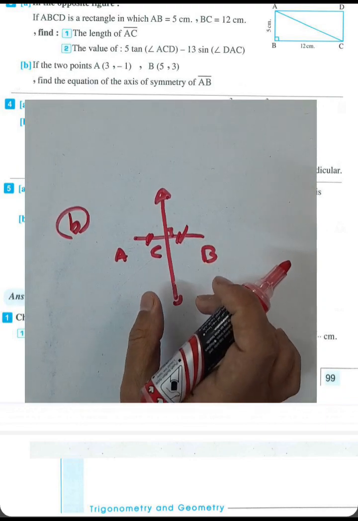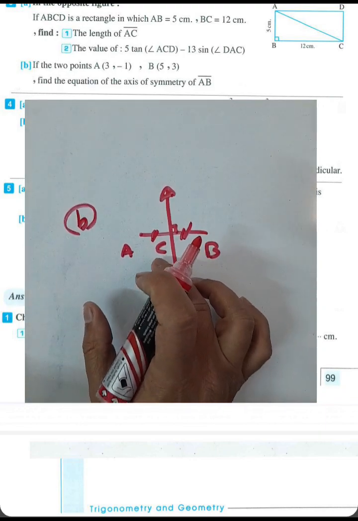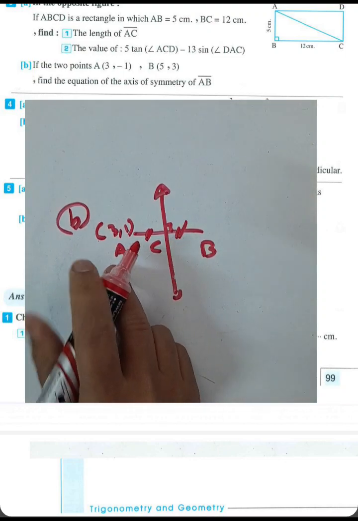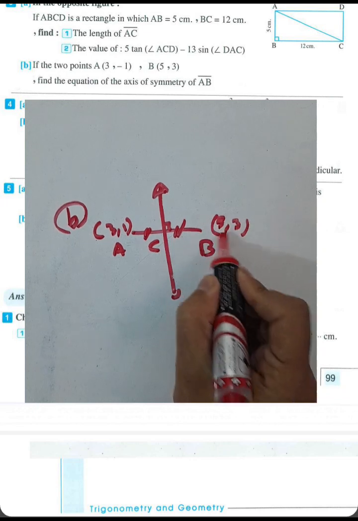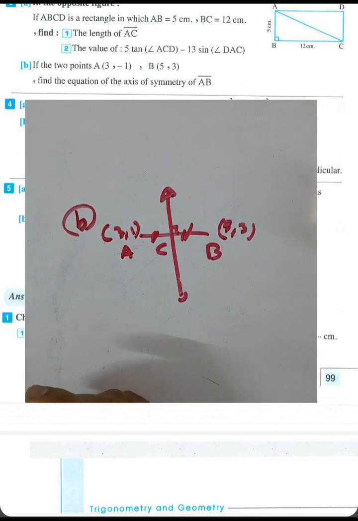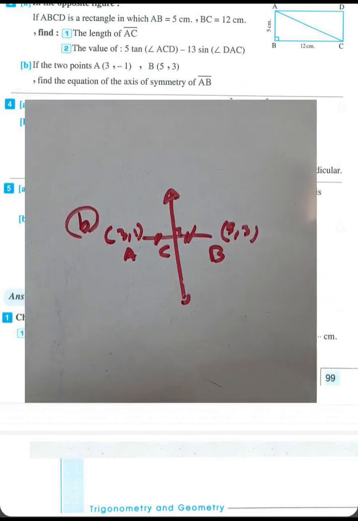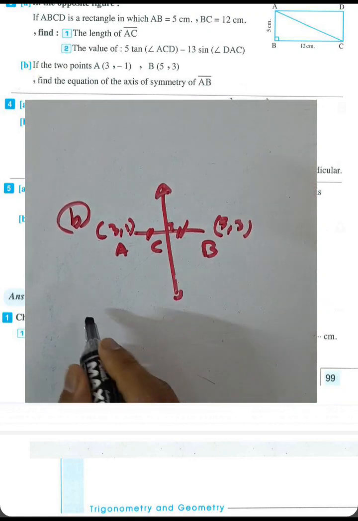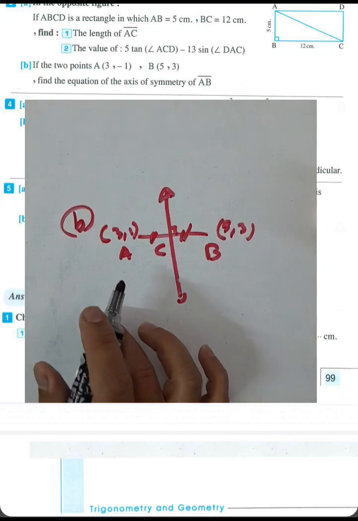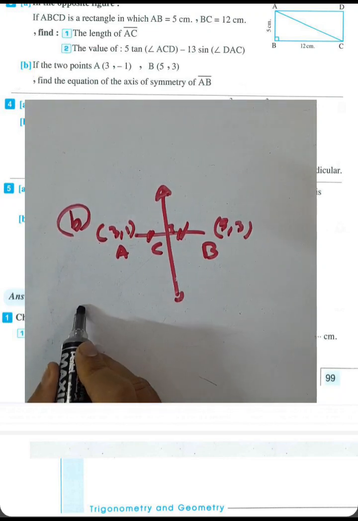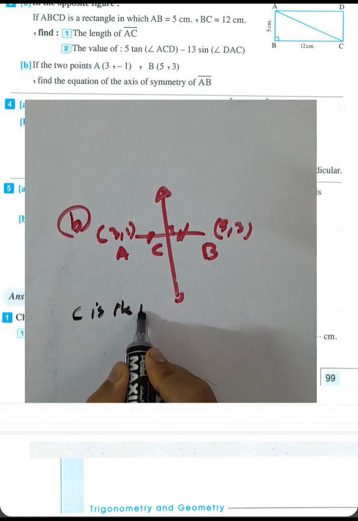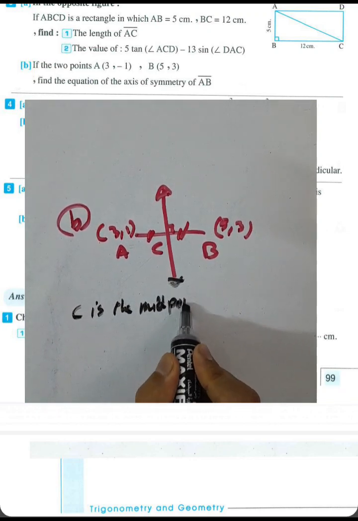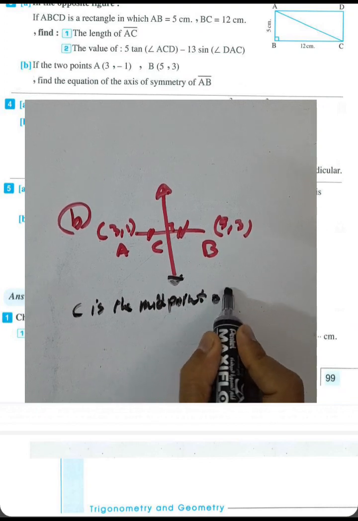As the first step, we find the coordinates of the point C. We have 3 and -1 as the coordinates of the point A, and 5 and 3 as the coordinates of the point B. C is the midpoint of AB.